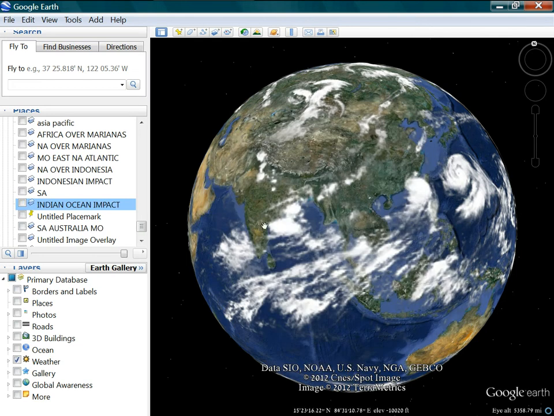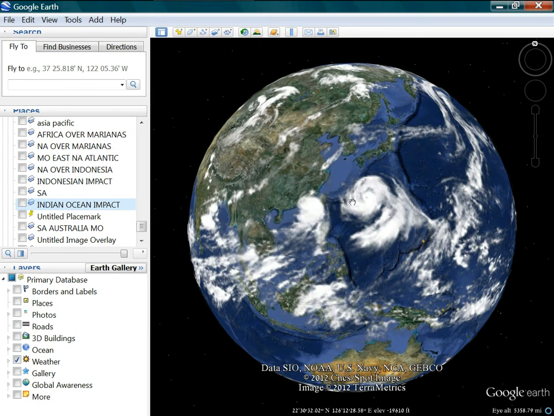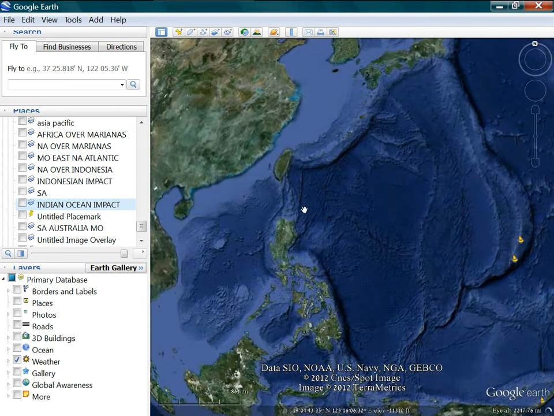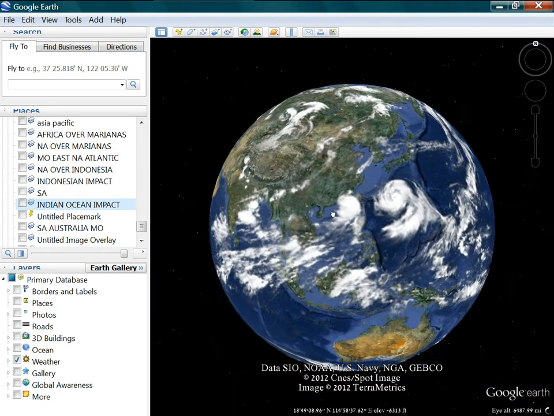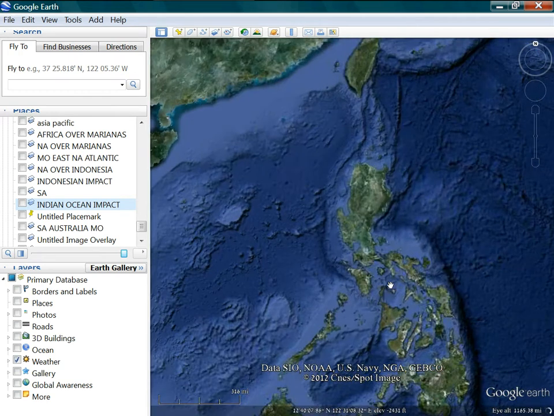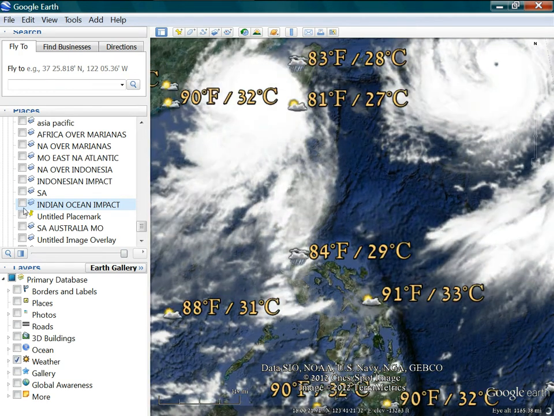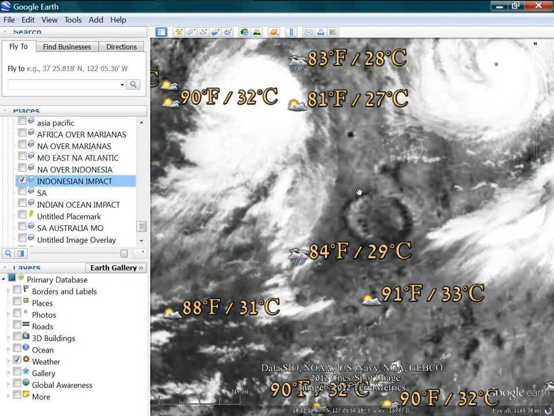Okay, so weather patterns here. I was pointing out these, oh wow, it's not round anymore. These swirls here, the circulation in the clouds, I've been noticing lately that they seem to be starting around this impact right here, this one in Indonesia.